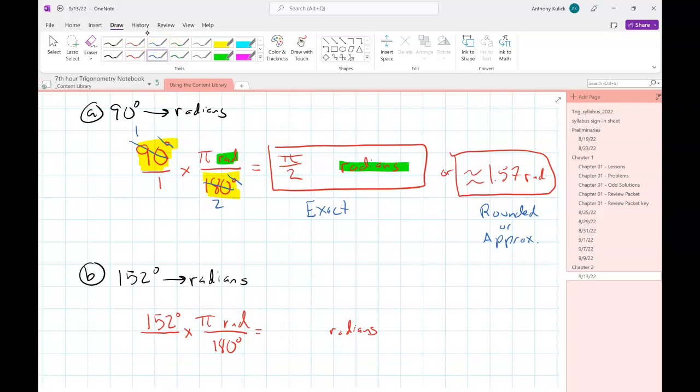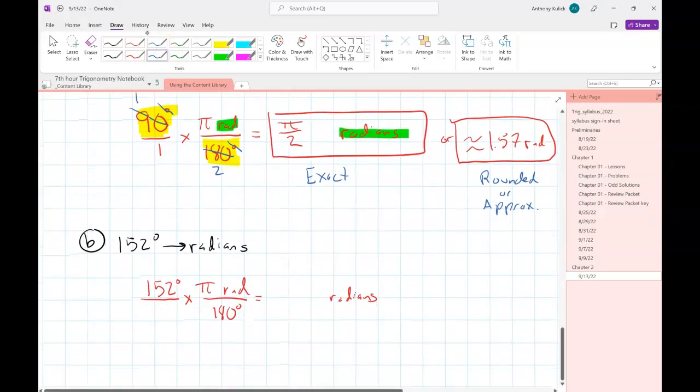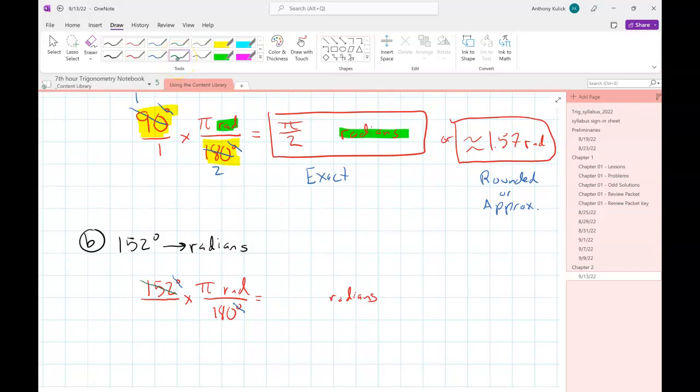So far, so good? Let's see. Degrees cancels with degrees. 152 and 180 are both even, so I know that a 2 goes into each of those. And 76 and 90 are both even, so I know a 2 is going to go into each of those.